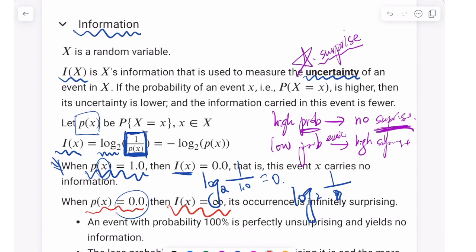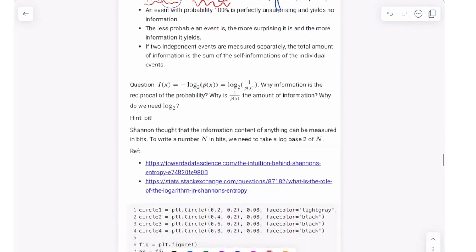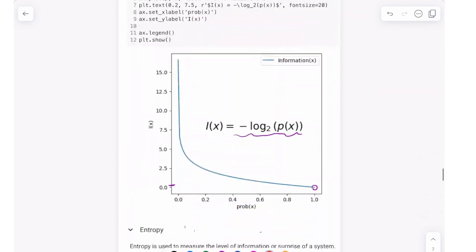But if you observe a value of x, it indeed happens, and it surprises you, right? So the information value of this x is infinity. That is the reason why we use log, it is much easier for us to use this information value. It is between 0 and infinity. So we take a look at this one.